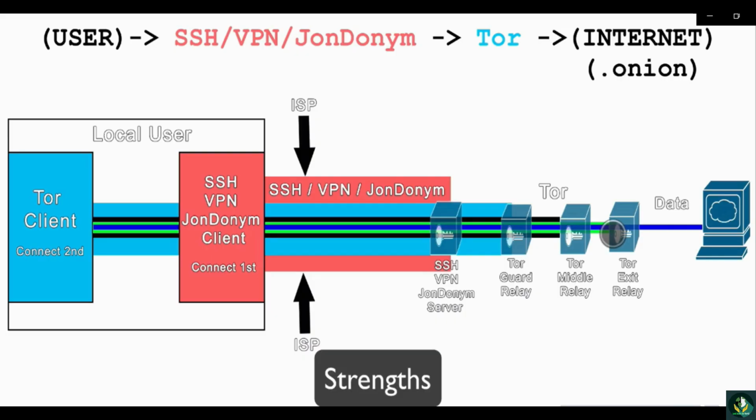Then it gains this data, and Tor helps to reach data by SSH, VPN, or John Doe nym. Whenever you want to go to your desired data by SSH, VPN, or John Doe nym, your ISP would be helpful for you.